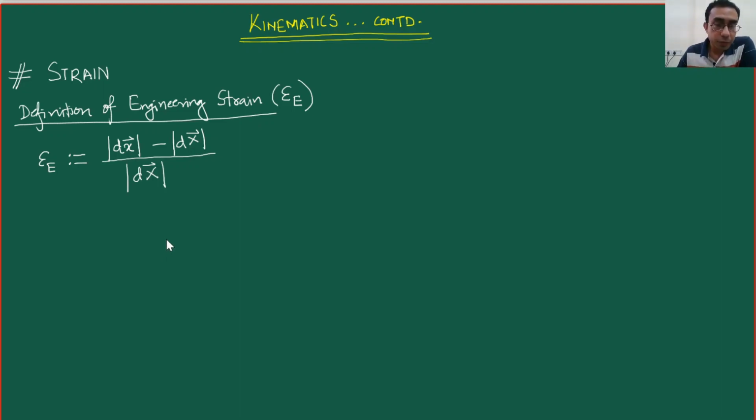But there is a little bit of a problem if we have to actually obtain a useful expression from this, because this definition involves the absolute values or the magnitudes of the two vectors, d small x vector and the d capital X vector. Because these are the magnitudes of vector quantities, their mathematical representation would definitely involve some sort of a square root. Now dealing with square roots is not very convenient.